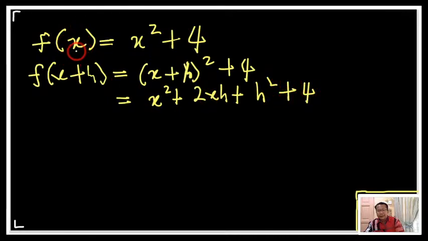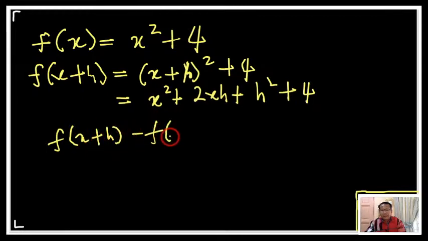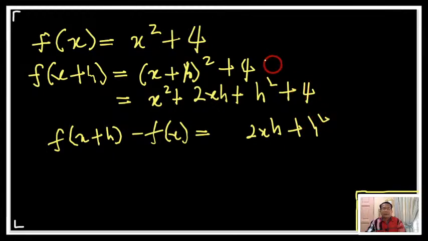So if you minus this, f(x plus h) minus f(x), you will get x squared minus x squared, this one 2xh plus h squared, 4 minus 4, 0.